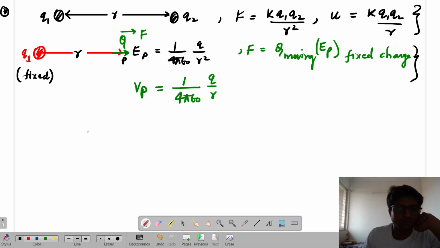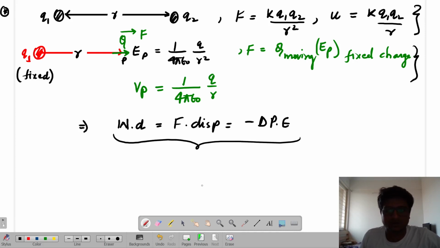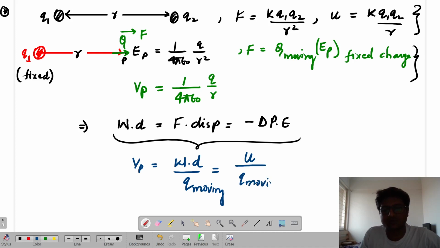One formula is for work done, that we know work done is equal to force dot displacement, and that is equal to negative of change in potential energy. So that relates force, got it? And then we have potential, which relates to work done by the charge moving, and that is equal to potential finally after the charge is brought from infinity, right or not?